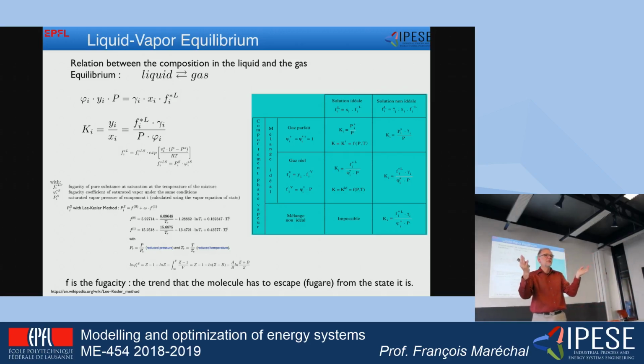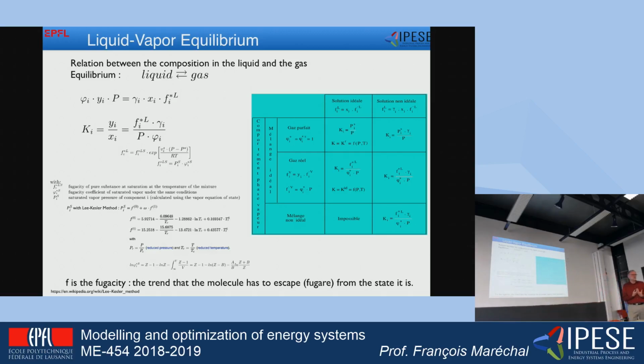You do not see it, but if I'm blowing on the window, you will see vapor condense on the window because the window is colder, and therefore some of the molecules in the gas state, if they see a lower temperature, will want to go into the liquid state. So this is what is named the fugacity.